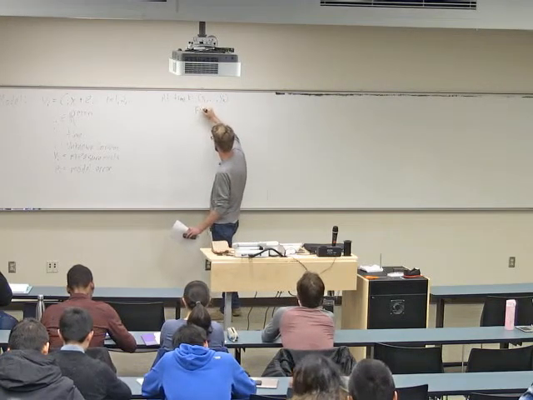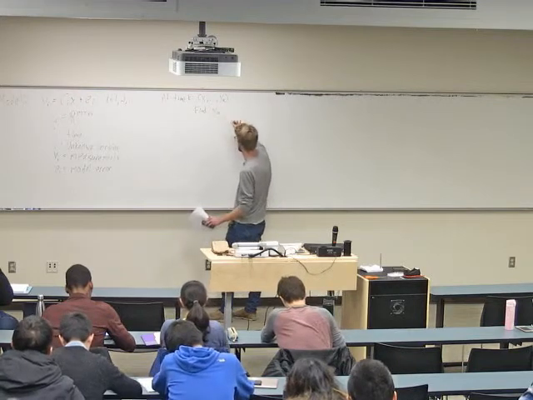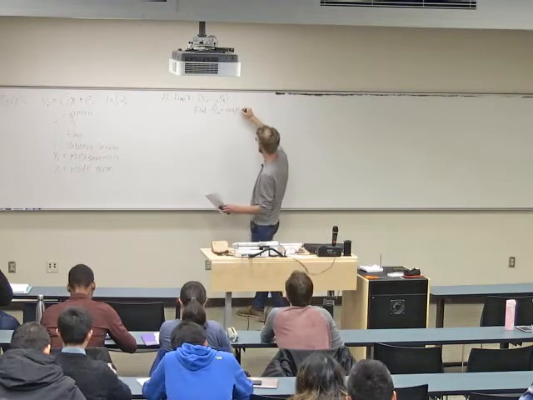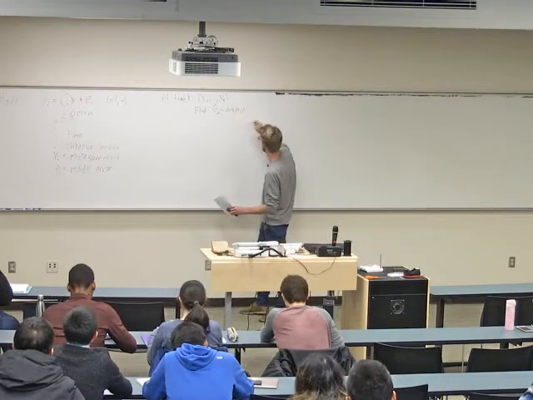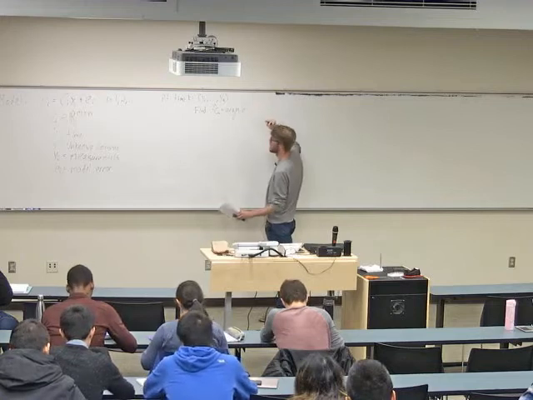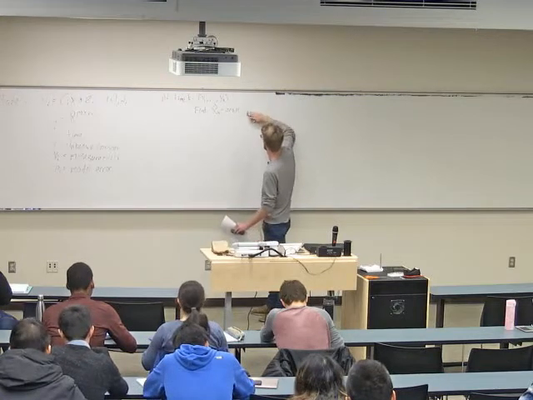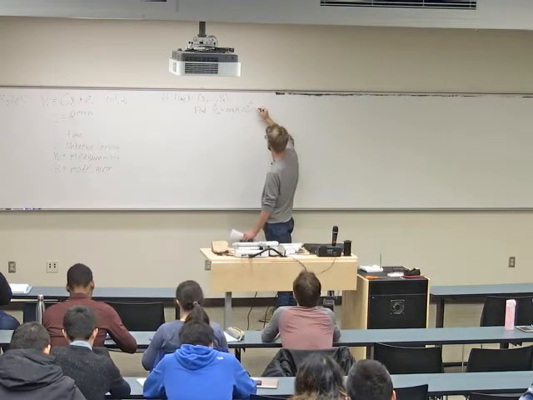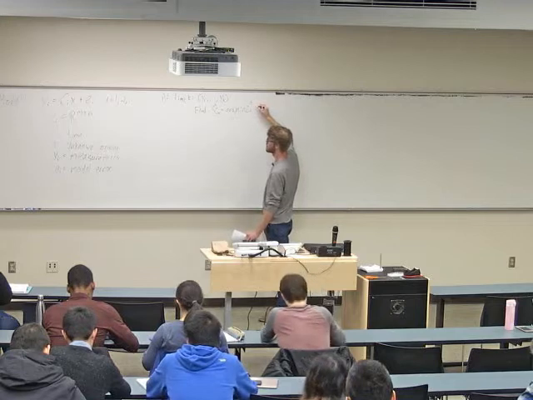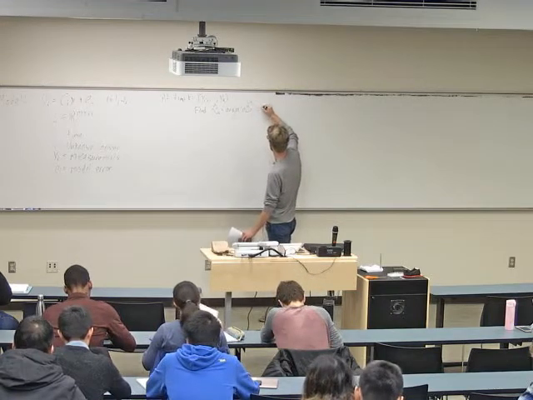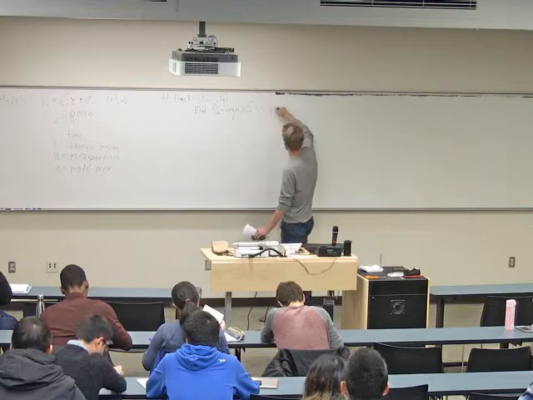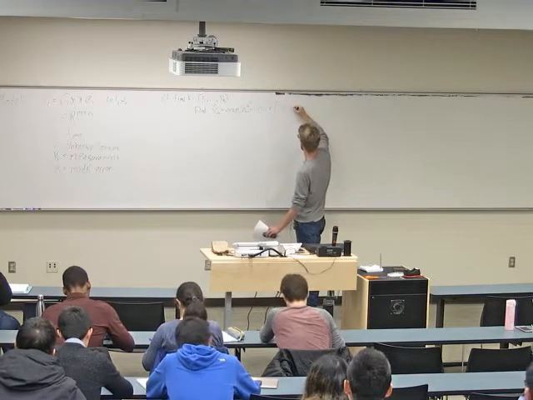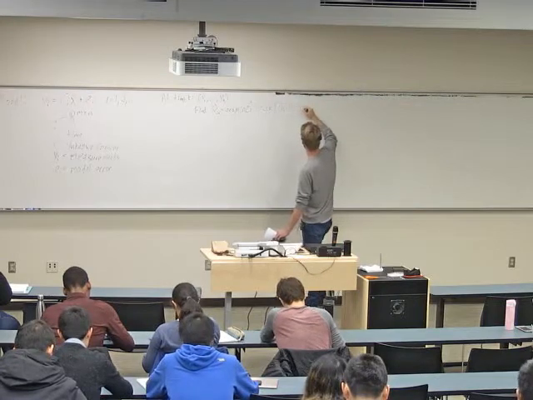Find xk hat, which is the argmin over x of the sum of all of our errors. We'll say yi minus Ci x, transpose, Si times yi minus Ci x.